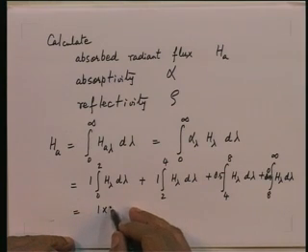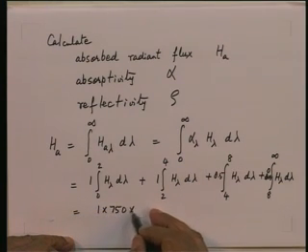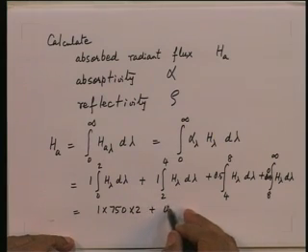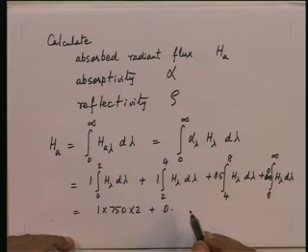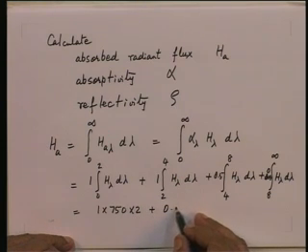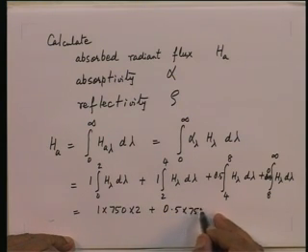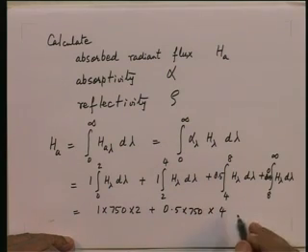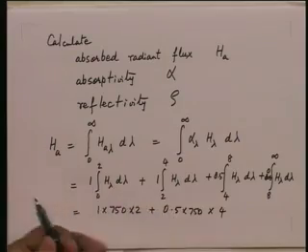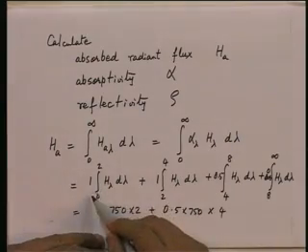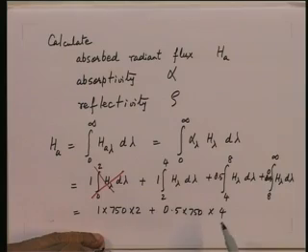All right. So, we will get 1 multiplied by 750 into 2 for the first integral, plus, the first is 0 of course, the second one gives me 1 into 750 into 2, the third one gives me 0.5 into 750 into 4, and the last one also is 0. Okay. So, the first and the last are both obviously zeros, because here H lambda is 0 and here alpha lambda is 0.